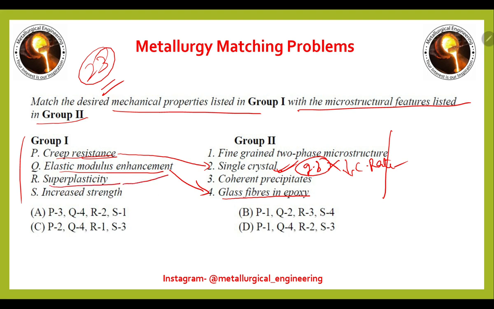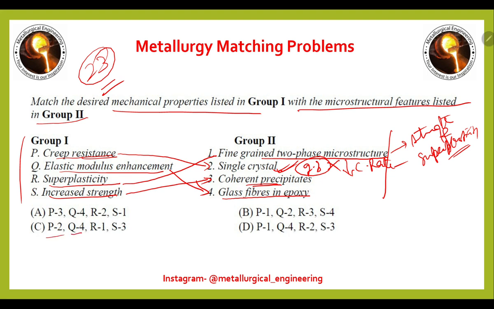Superplasticity, fine-grained two-phase microstructure. Increased strength is from coherent precipitate. So the right answer is P2, Q4, R1 and S3. So the C part is the right answer.